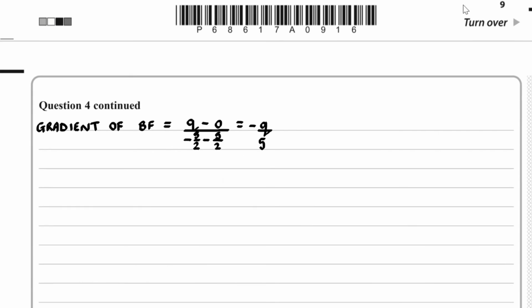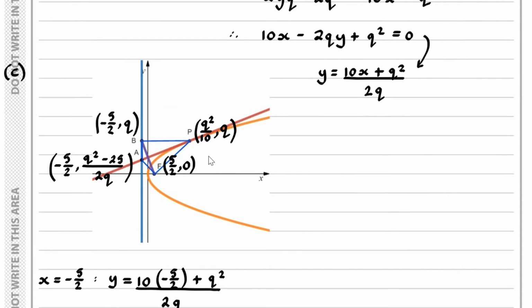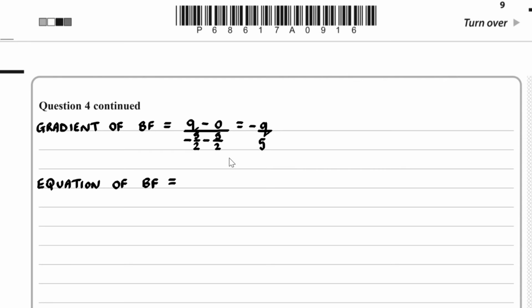So the equation of BF, well, it passes through the point F with coordinates 5/2, 0. So we've got y subtract 0 equals -q over 5 multiplied by x subtract 5 over 2.